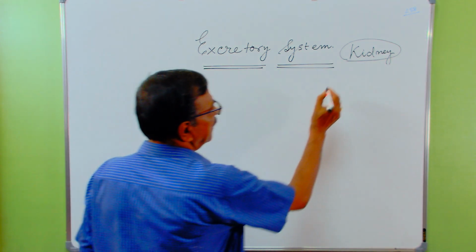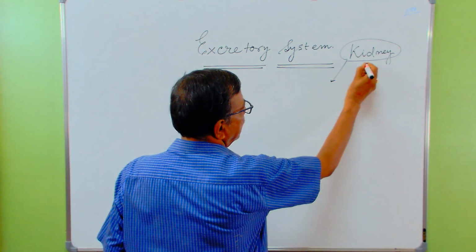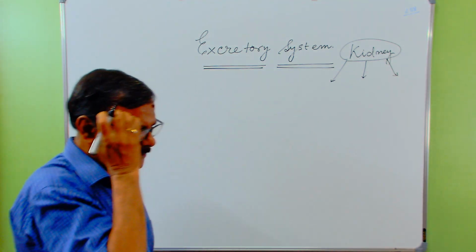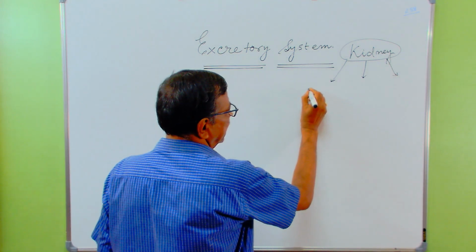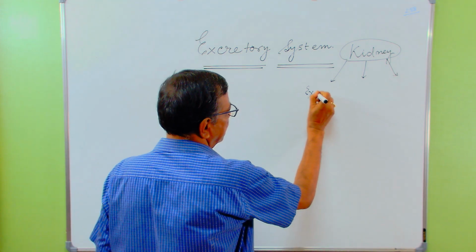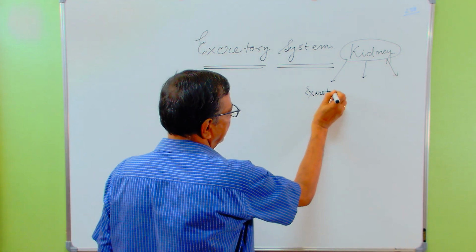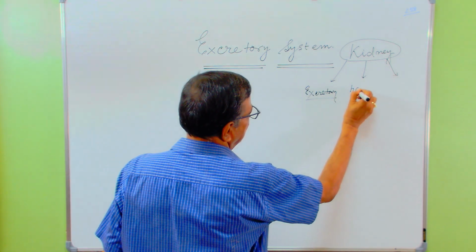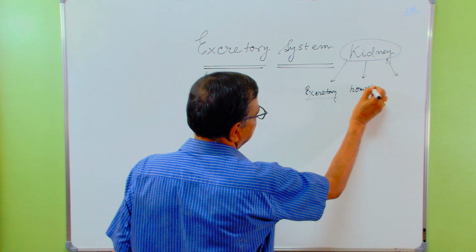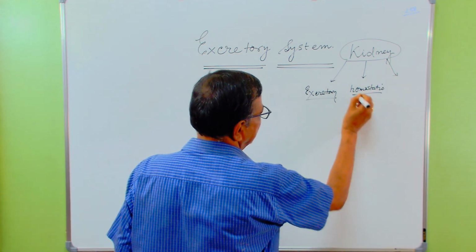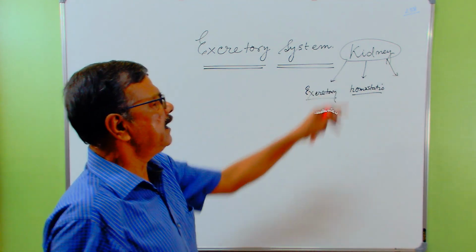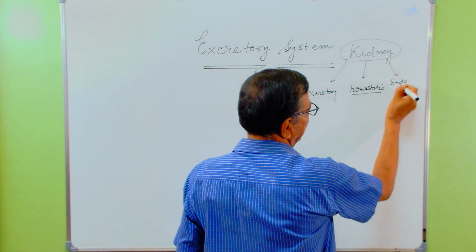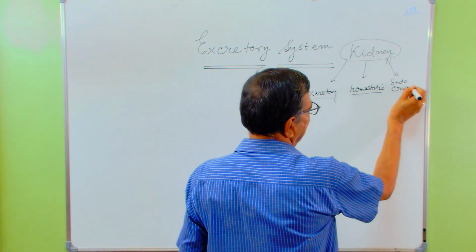The kidney's functions are of three types. It has an excretory function, a homeostatic function, and the kidney also does an endocrine function.